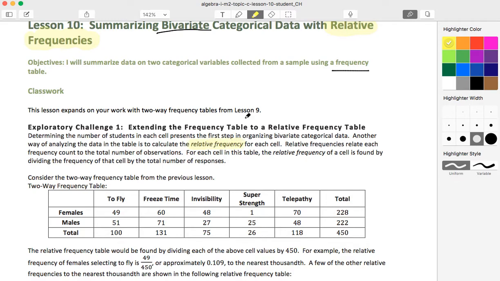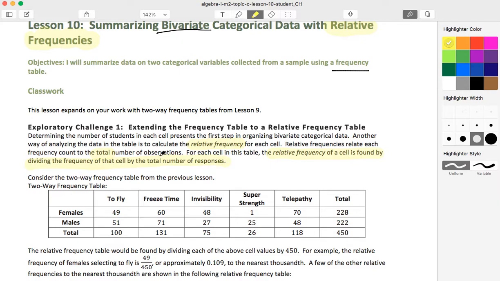After we gather the data, we need to start making sense of it. Relative frequencies relate each frequency count to the total number of observations. For each cell on the table, the relative frequency is found by dividing the frequency of that cell by the total number of responses.